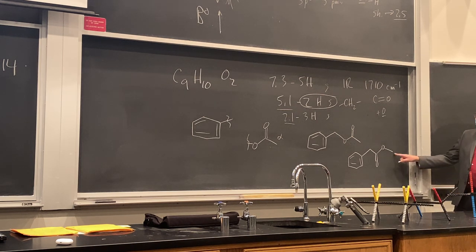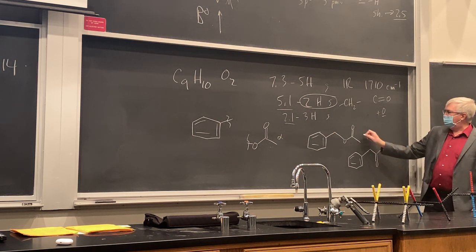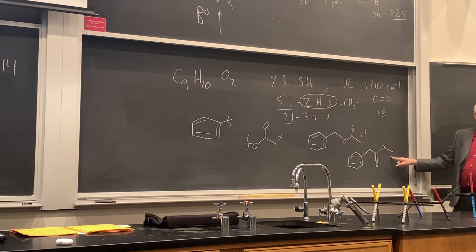Let's see. If that's alpha to this oxygen here, that shouldn't be at 2.1, which is where that is, 2.1. If this is alpha to this oxygen directly, this should be up at 3.5 to 4, okay? So you can kind of rule this one out. This one would get partial credit, but it's not fully consistent with all the data, okay?